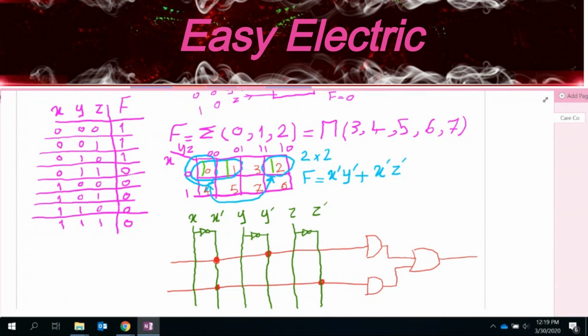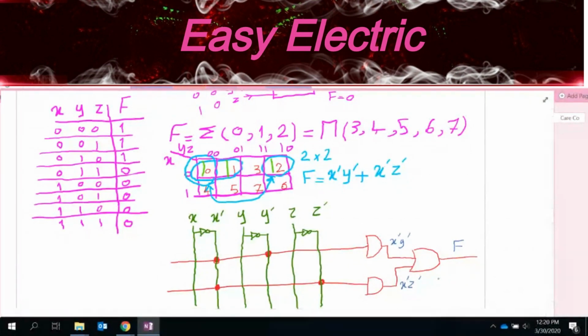So if we change the color, we could say here is my F, right? And what I have here is x prime y prime, right? What I have here, I made x prime and z prime, okay? So that's it.